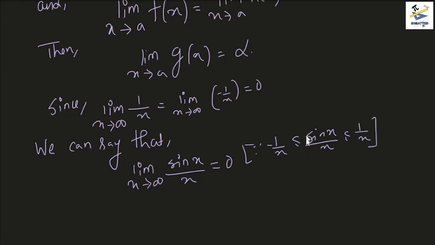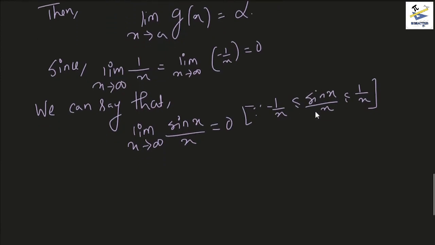Since sin x / x is basically sandwiched between -1/x and +1/x, that would actually solve this problem. So as I said, this is not like a regular problem, but problems like this would be very much evident.